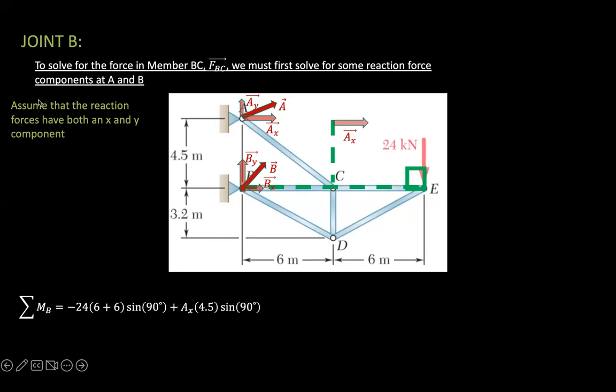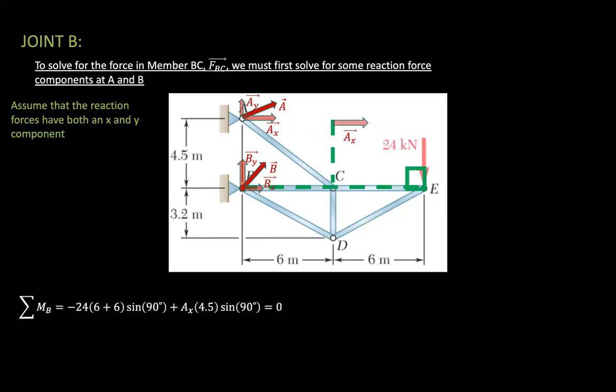So basically the line of action is if we draw this force out over here, and then we note that the R length, the distance to B, is 4.5. So that is using the line of action. This is the line of action. And that is equal to 0.